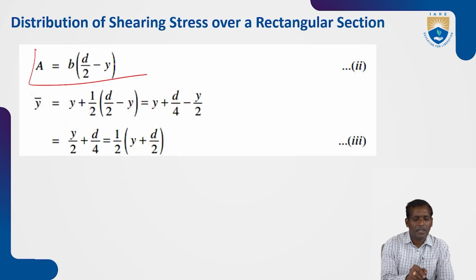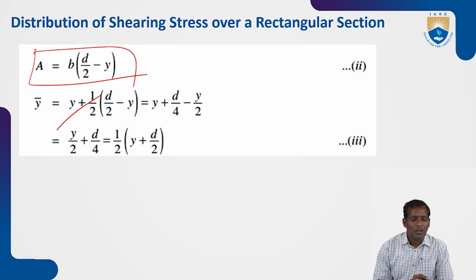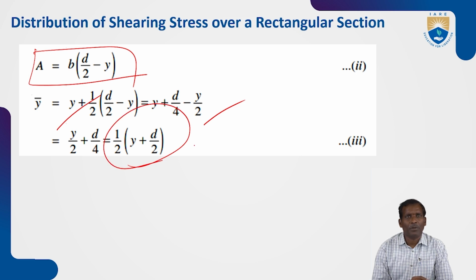For this, the area is B into (D by 2 minus y), and the y bar is y plus half of the distance (D by 2 minus y). After simplification, we get y bar equal to 1 by 2 into (y plus D by 2).